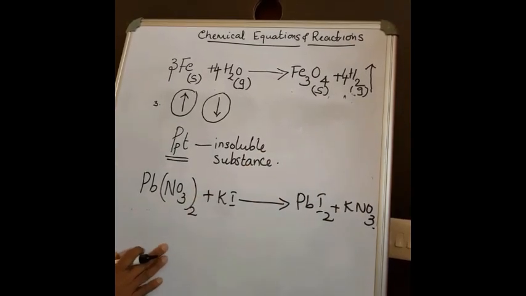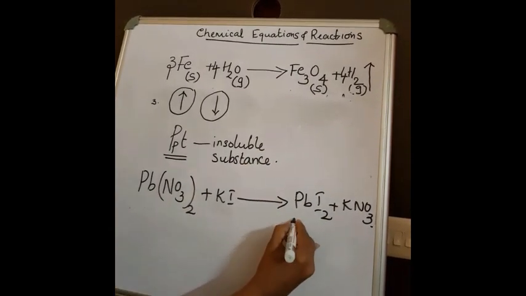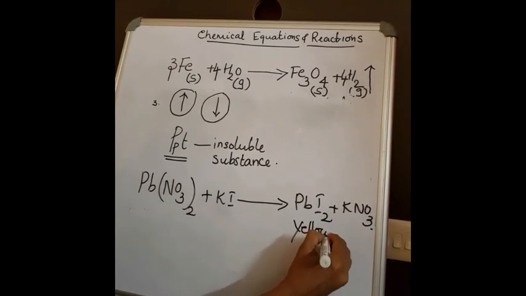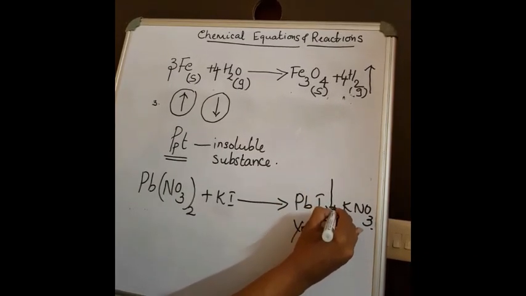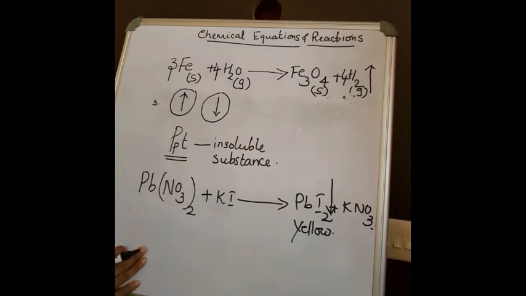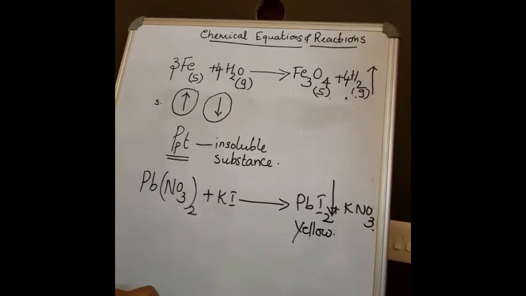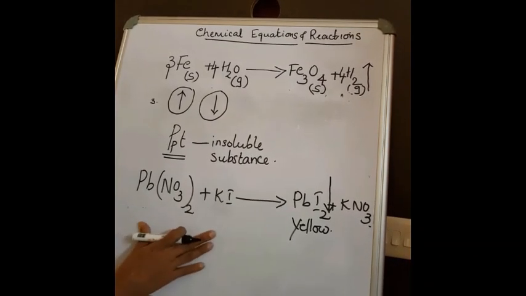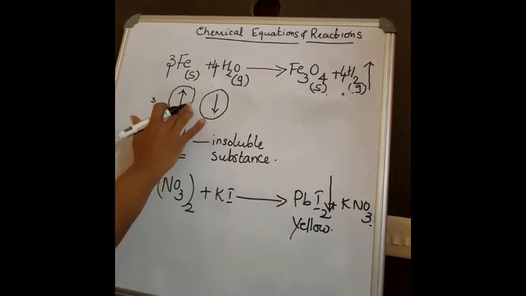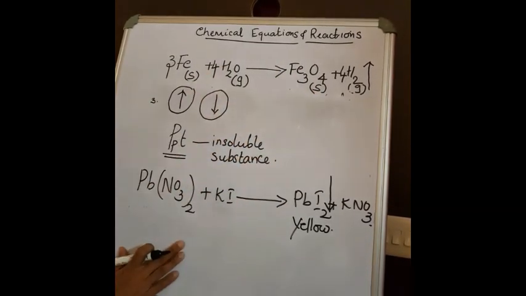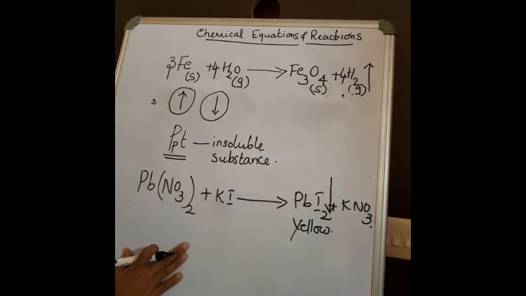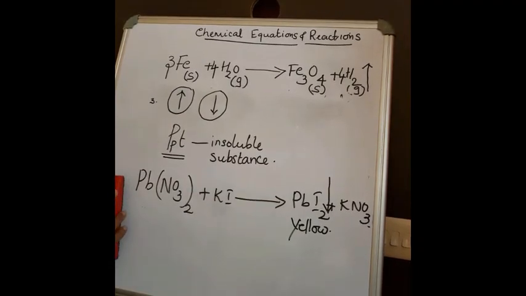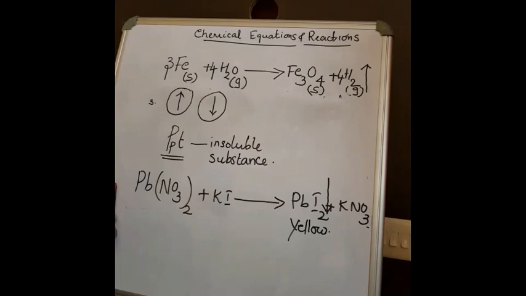Now in this equation, you will get a yellow precipitate of what? You will get a yellow precipitate of lead iodide. I think I have shown this experiment in the class. Okay. So this is the downward arrow and this is the upward arrow. So you got how you can make a chemical equation more informative.